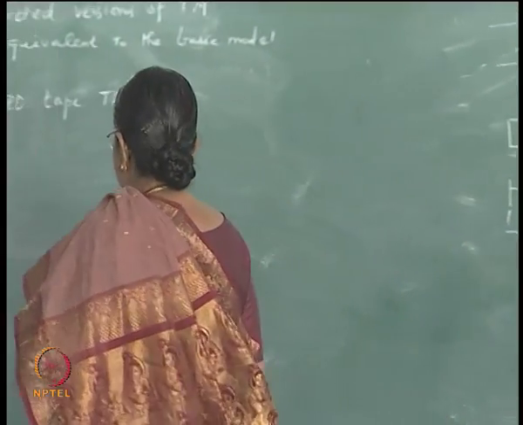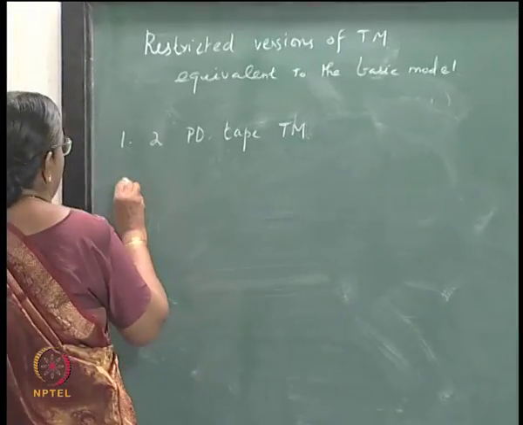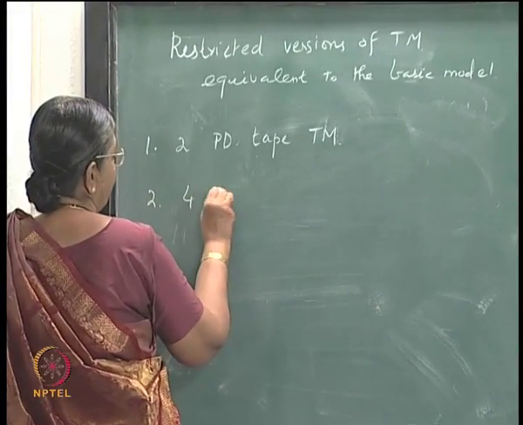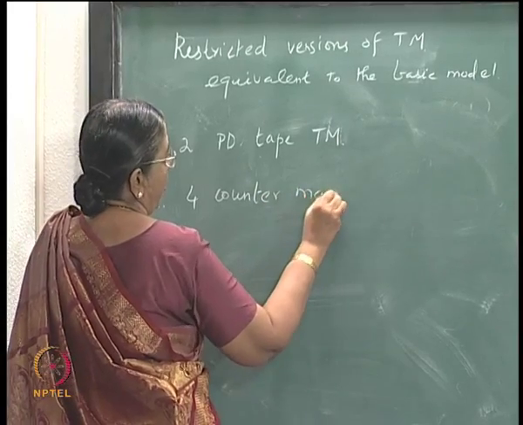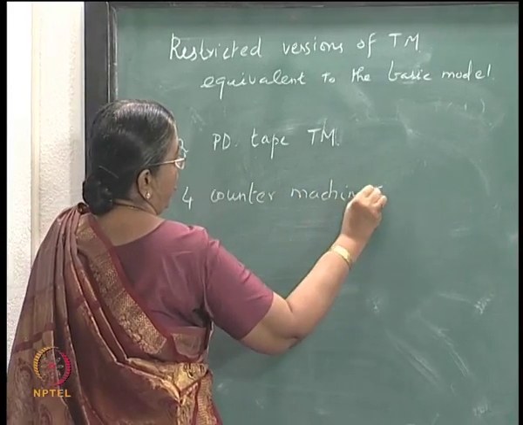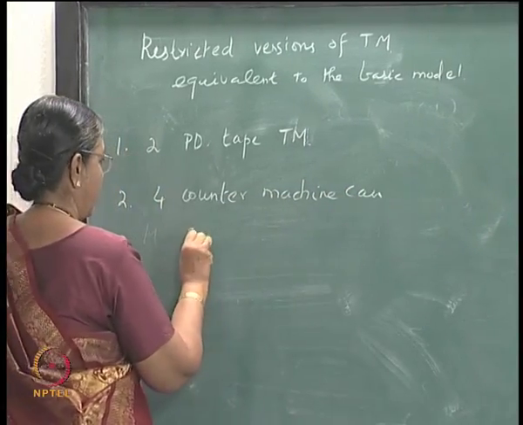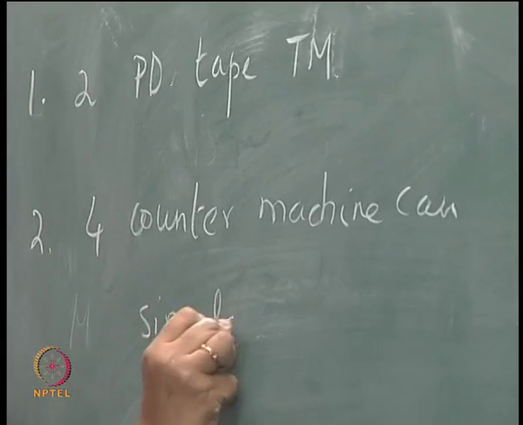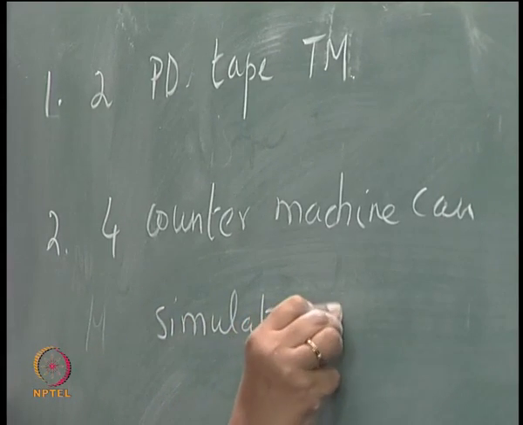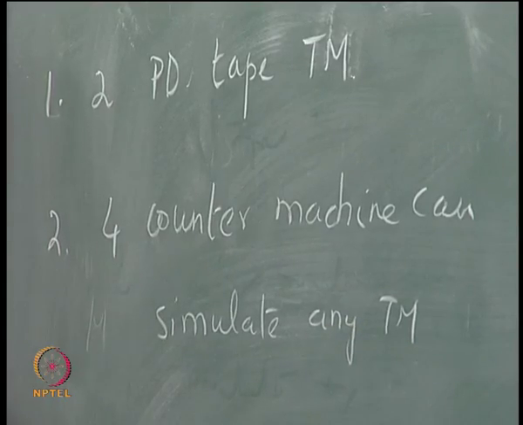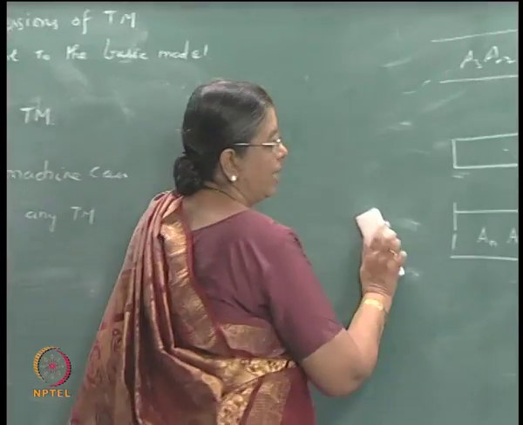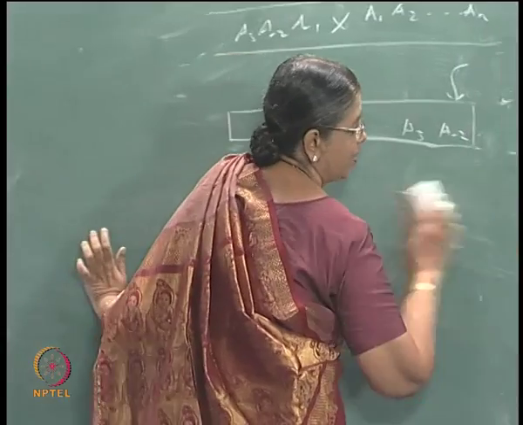Then another is the 4 counter machine, which can simulate any Turing machine. What is a counter machine? Counter itself tells you that it keeps a count.